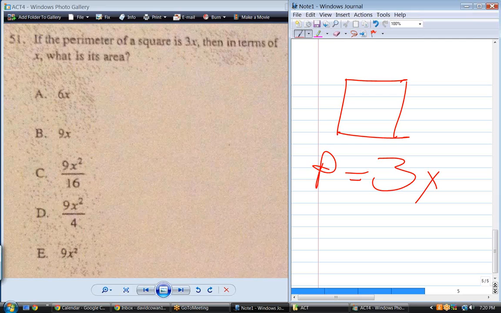No. 3/4 x. Divide the perimeter by 4, and you always get the length of any side. Okay. So each side is 3/4 x. Now that I know the side length, I know everything there is to know about this square. What's the area? 9x squared over 16. Yeah.